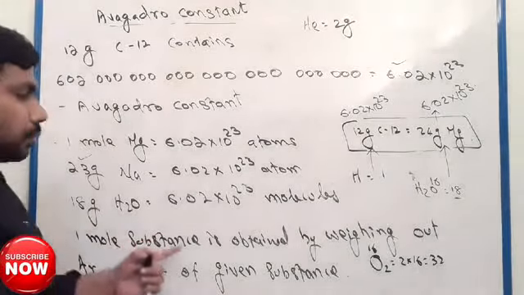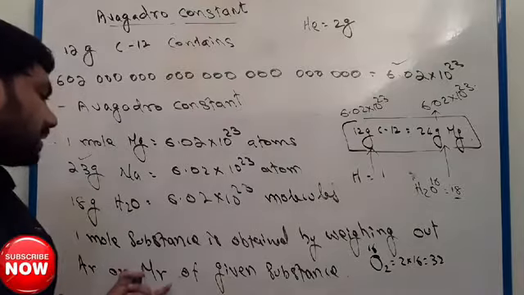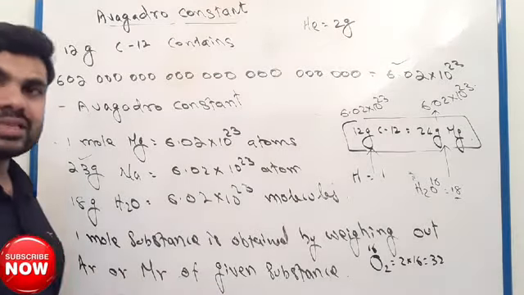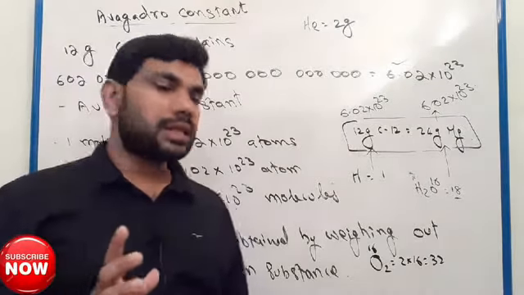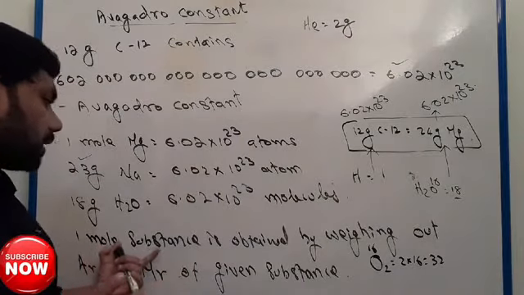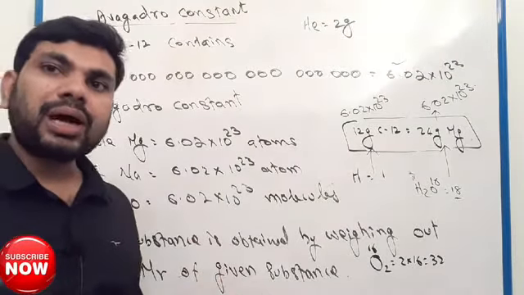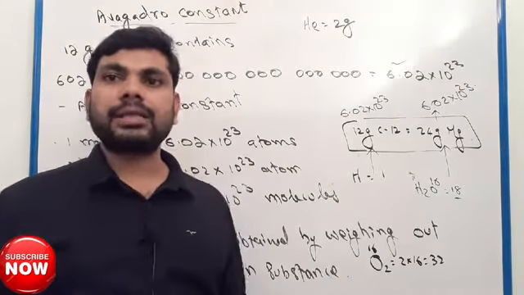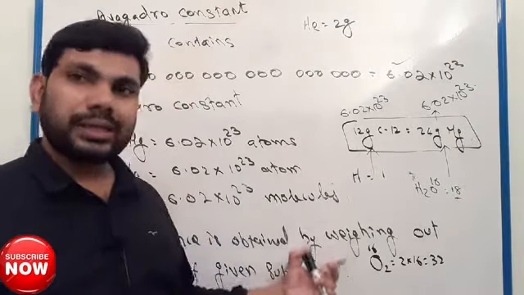So here 1 mole of substance is obtained by weighing out the relative molecular mass or relative atomic mass of the given substance. If you want to measure 1 mole of a sample, you have to check its relative atomic mass or relative molecular mass, and based on this, measure its weight.